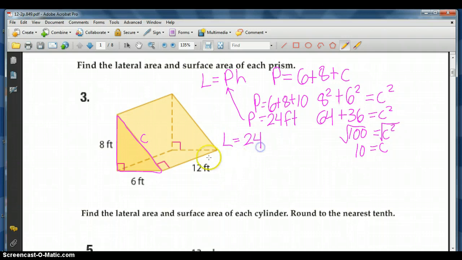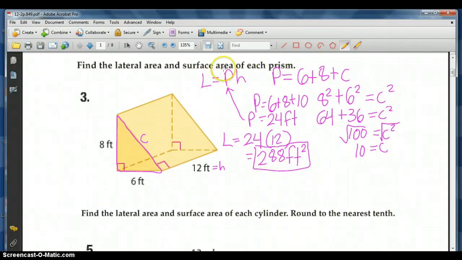So perimeter times height, and the height of my prism is 12. So 24 times 12 gives me 288, and that would be square feet because we're talking about area here. So that's the first part of the problem.